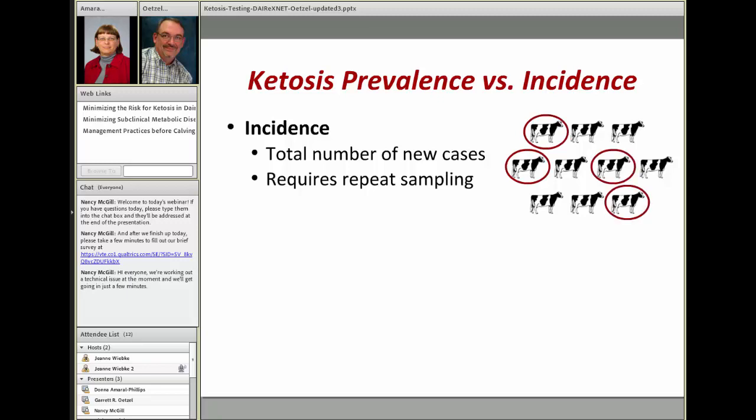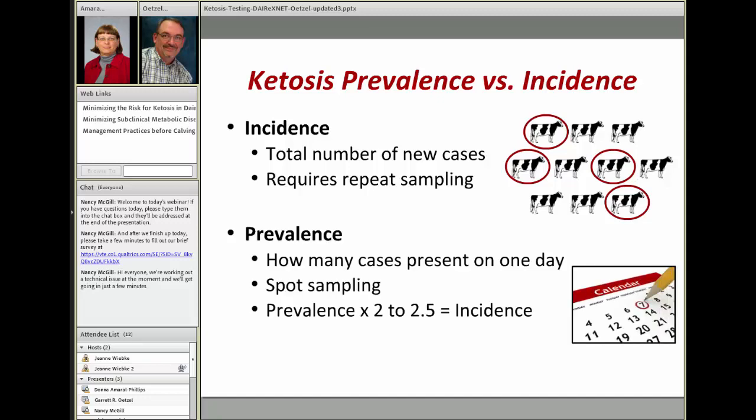We just want to see, did they ever get it? That would be incidence. In this case, we're showing 4 cows that got it out of the 10, and that's intentional because that's average. About 40% of our cows, if we look closely enough, will get ketosis sometime in early lactation. But this intensity of sampling usually only happens in research projects.